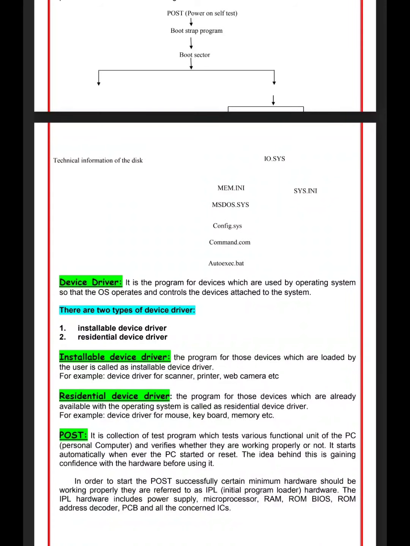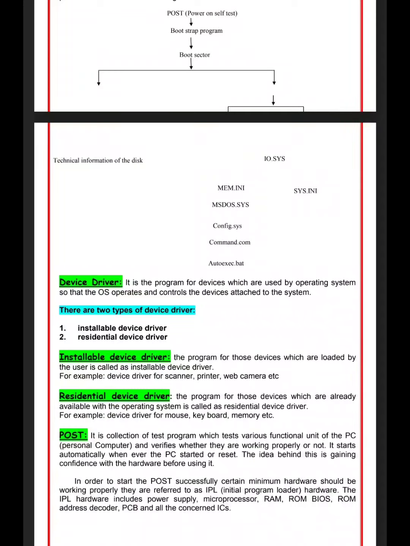In order to start the POST successfully, certain minimum hardware should be working properly. It is referred to as IPL, initial program loader hardware. The IPL hardware includes power supply, microprocessor, RAM, ROM, BIOS ROM, address decoder, PCB, and all the concerned ICs.